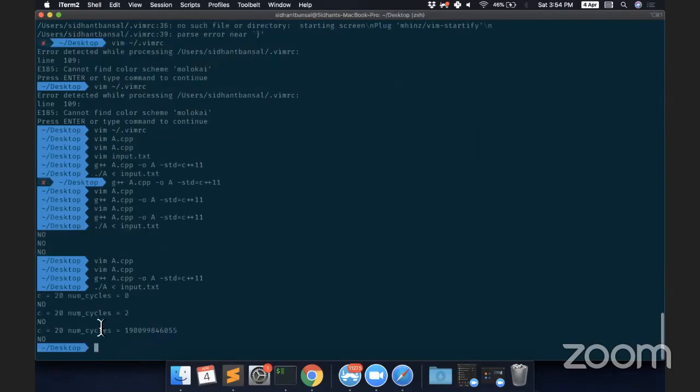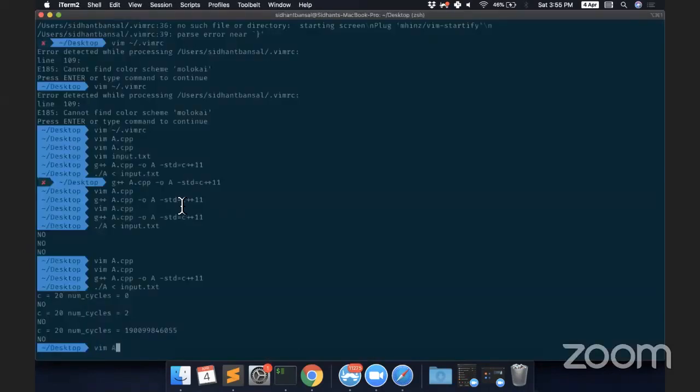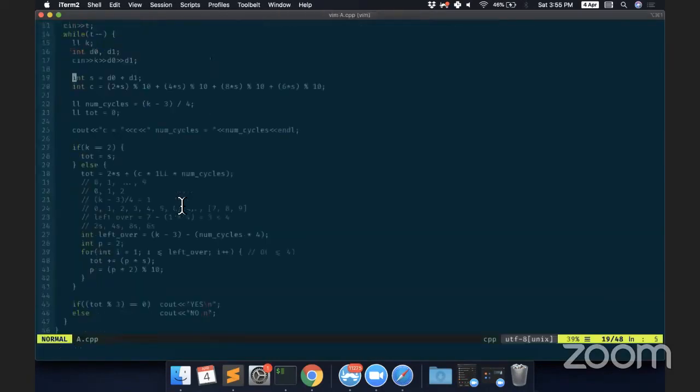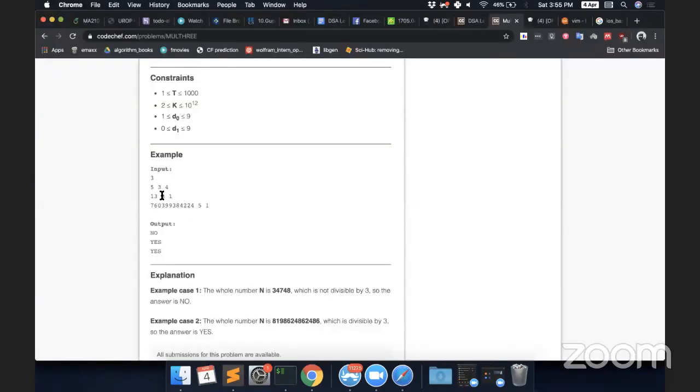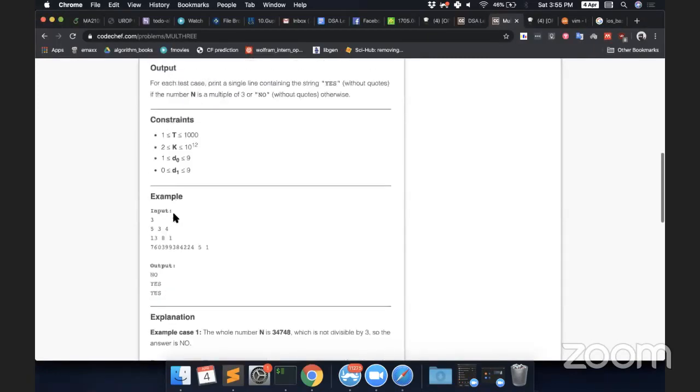Okay, so in the second case, C is 20 and the number of cycles are 2. Wait a second. Why is C 20? So S is coming out to be D0 plus D1, which is, I think, 9 here, right? If I'm not mistaken, it's 9.